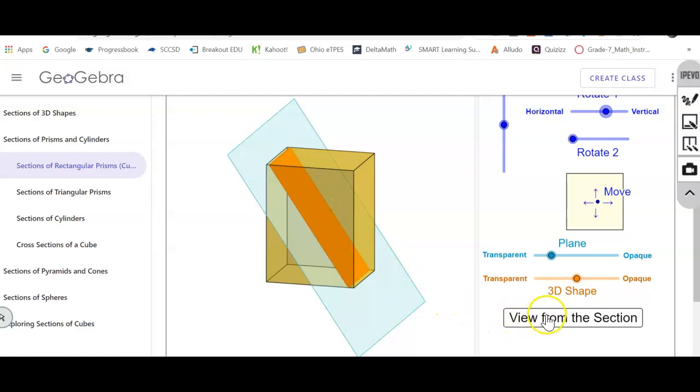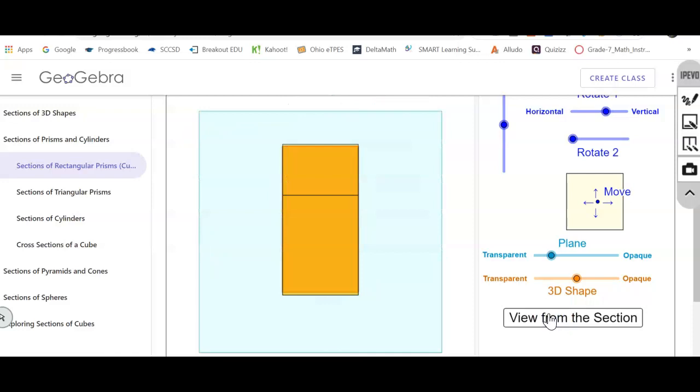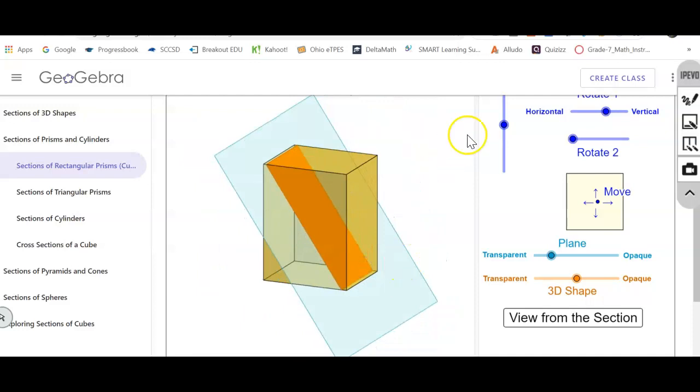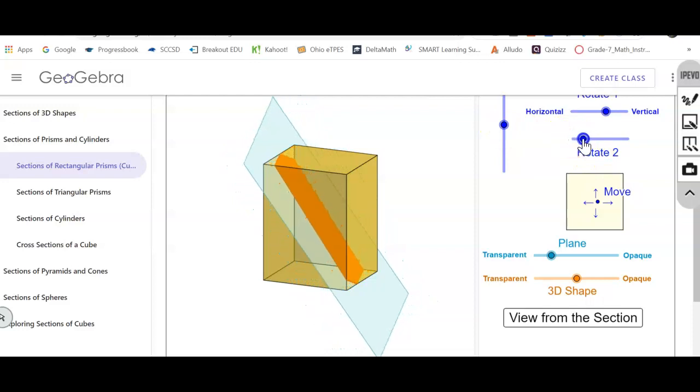So if I click View from Section, it shows me what exactly the cross-section or the slice looks like. It's a rectangle, yes. But I could change it a little more and rotate it like this. Now, what cross-section do you think it looks like?